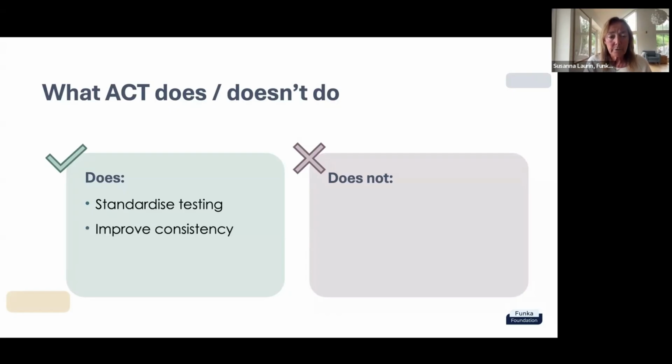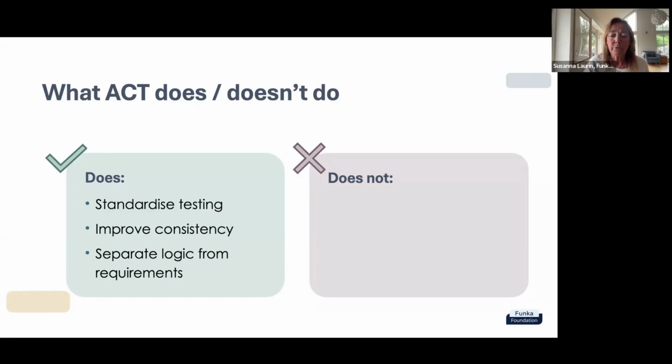It also improves consistency, provided that the tool makers and others use the rules. I don't have any statistics on how much that is done, but hopefully that will be even more successful moving forward. And it also does separate what is in the actual requirements. So the user needs are bridged by the requirement, and then the testing logic is in the rules themselves.